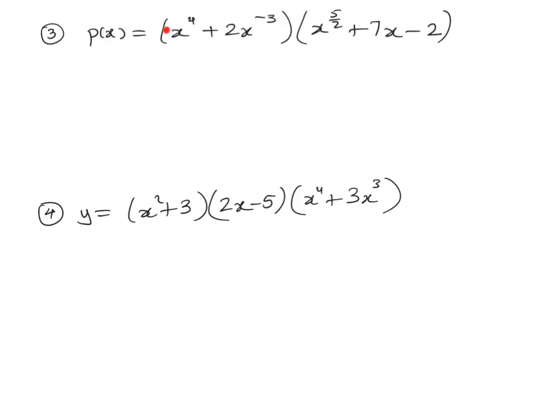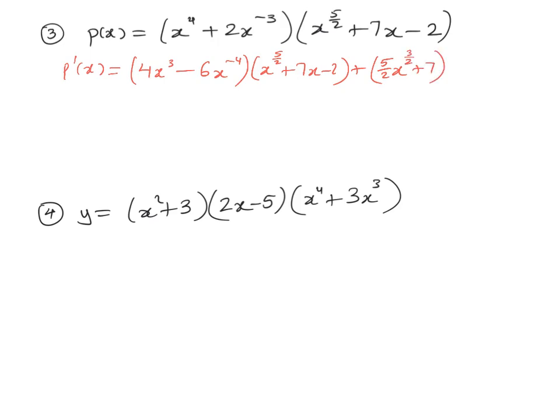Okay, here's another one. Again, this is a product, first function, second function. So p prime of x is going to be the derivative of the first function, which is 4x cubed minus 6x to the negative 4, times the second one left alone, x to the 5/2 plus 7x minus 2, plus, now I take the derivative of the second function, so it's 5/2 x to the 3/2 plus 7, and then the derivative of negative 2 is 0, times the first function left alone, x to the 4th plus 2x to the negative 3 left alone.